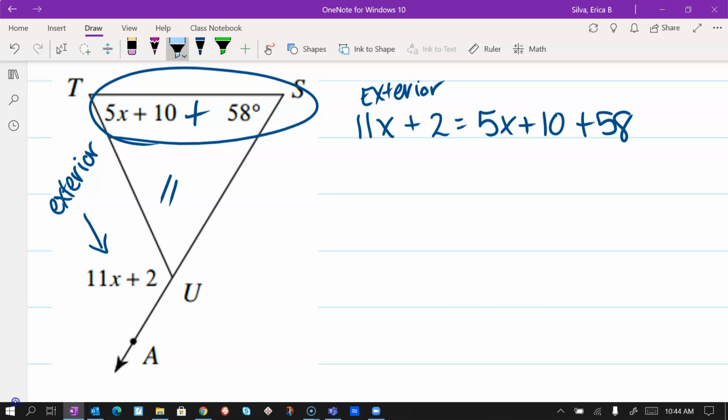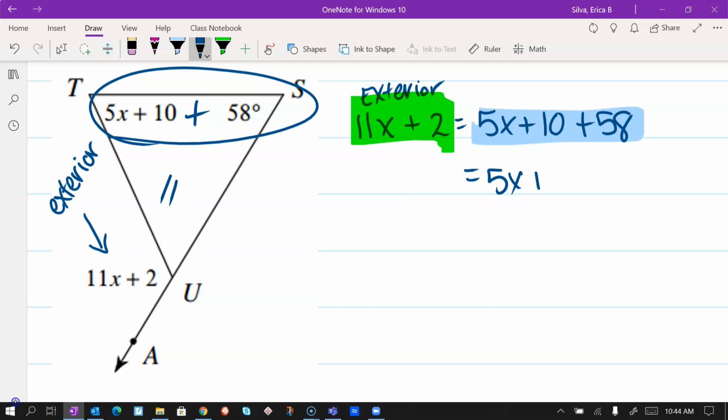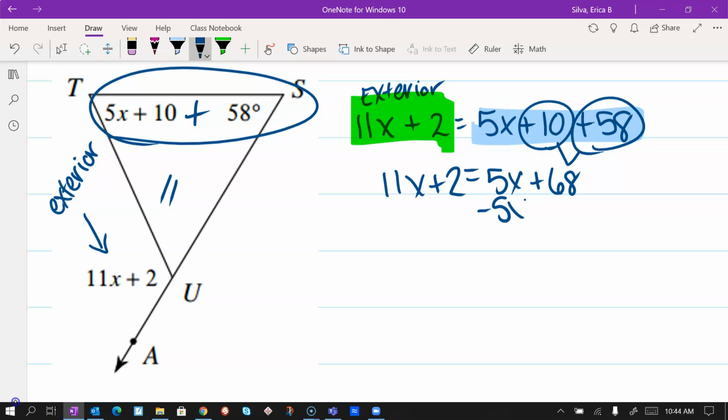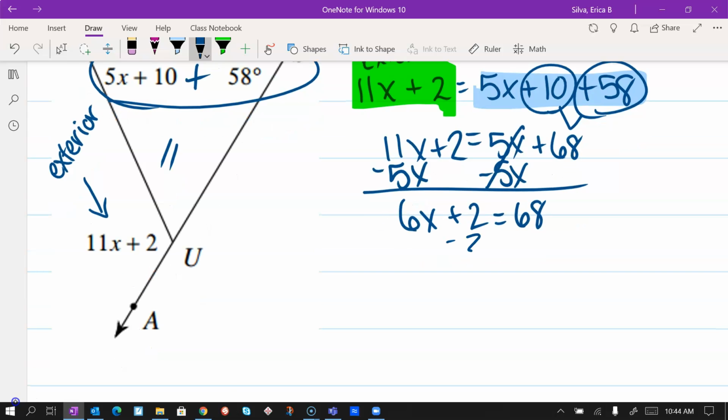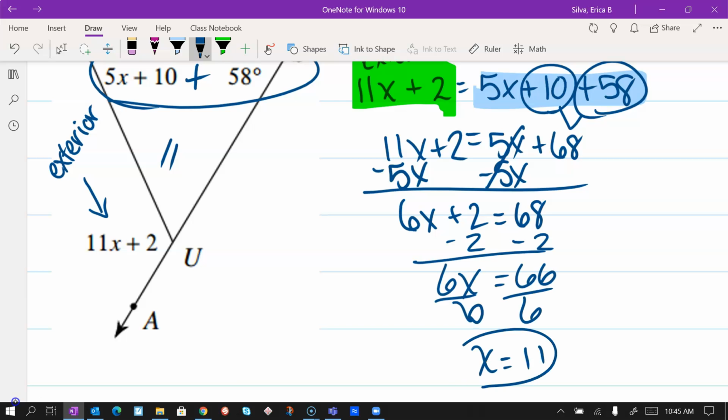Combine like terms. Remember, we can only combine on one side. We get 5x plus 68. We can combine these two. On the left side, we can combine anything. And then now we start moving our x's to one side, and our numbers to the other side. Divided by 6. And we get x is equal to 11.